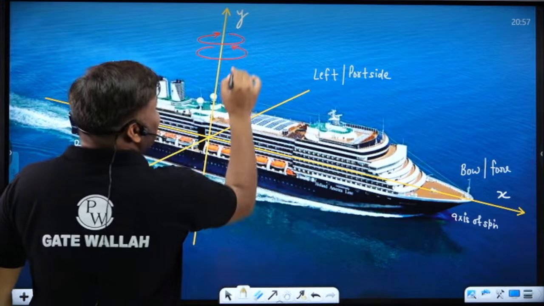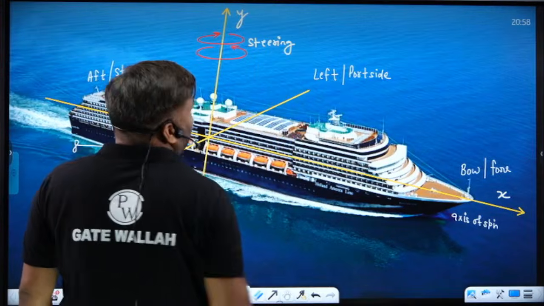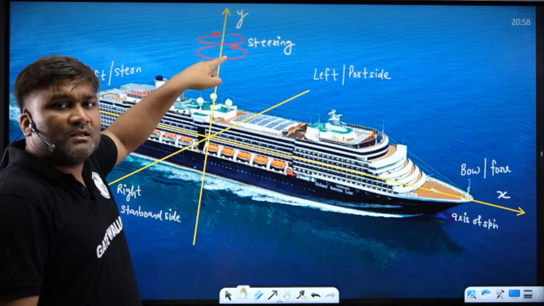We call it steering motion. So about y-axis, whatever omega we are providing is because of the steering.